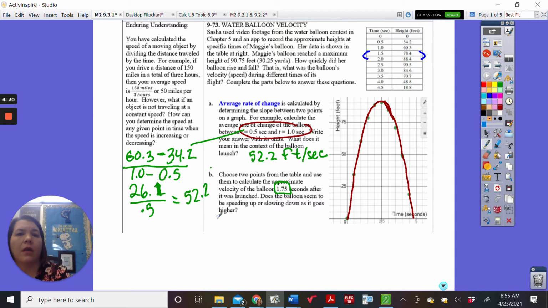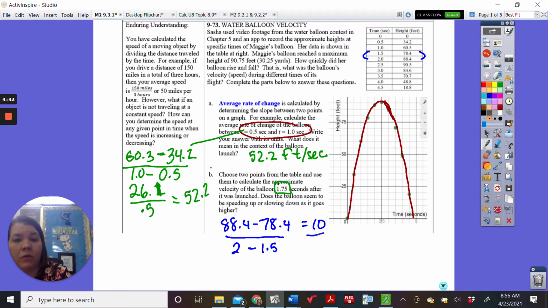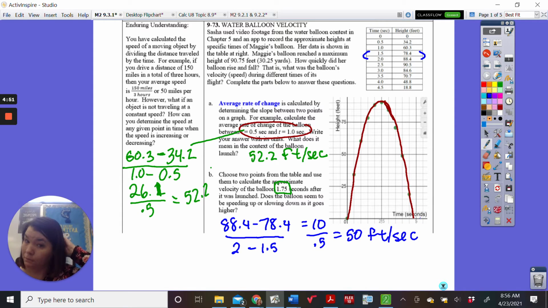And so that'll be 88.4 minus 78.4. Hey, I can do that without a calculator. That's 10, divided by 2 minus 1.5, which is 0.5, is 50 feet per second. So it's slowing down.